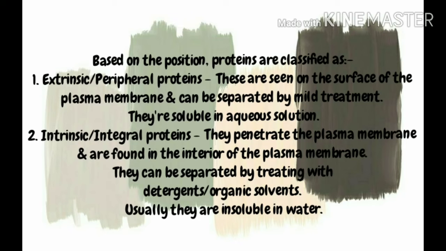These proteins lie on the surface of the plasma membrane, and as they are just on the surface, using some mild chemical methods we can separate them from the plasma membrane, so they are easily removable.